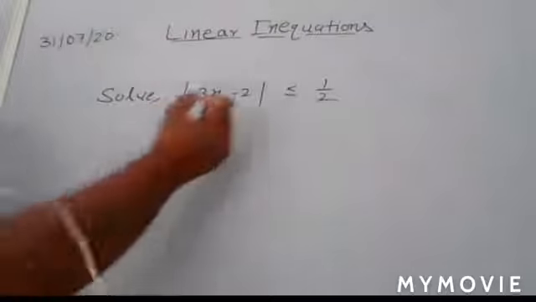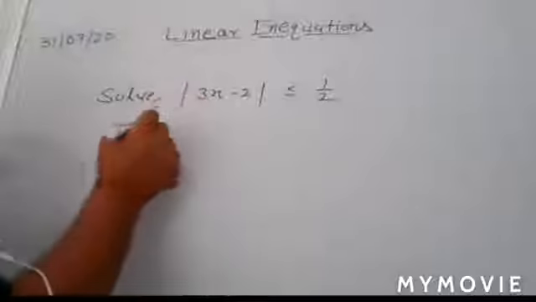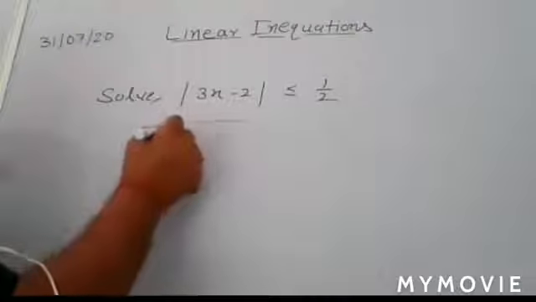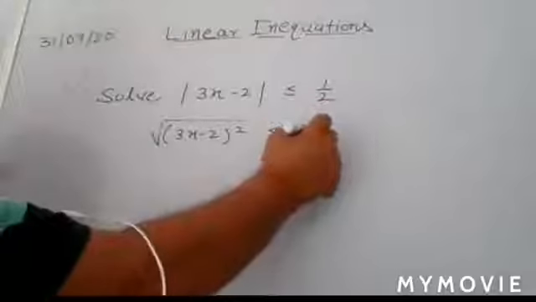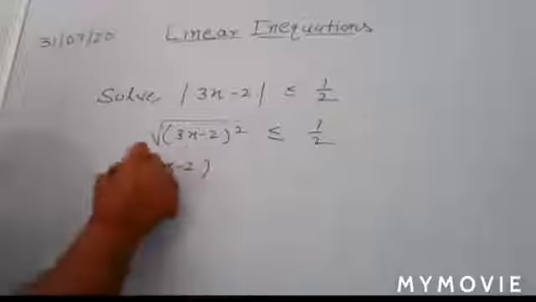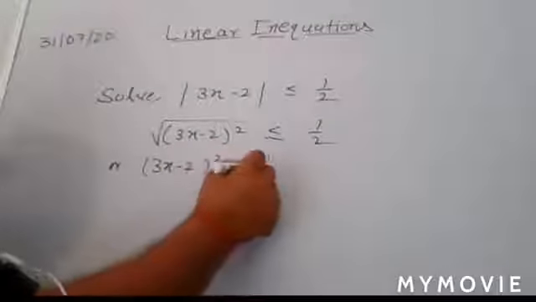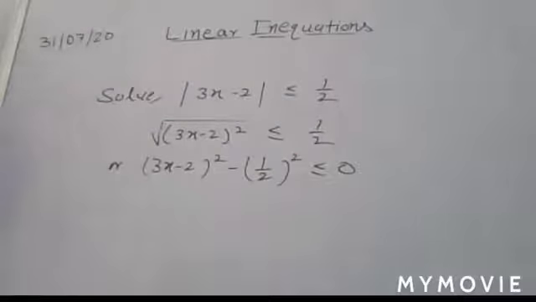So you can write that as (3x minus 2) whole square less than or equal to (1 by 2) whole square, squaring. So (3x minus 2) whole square minus (1 by 2) whole square less than or equal to 0.